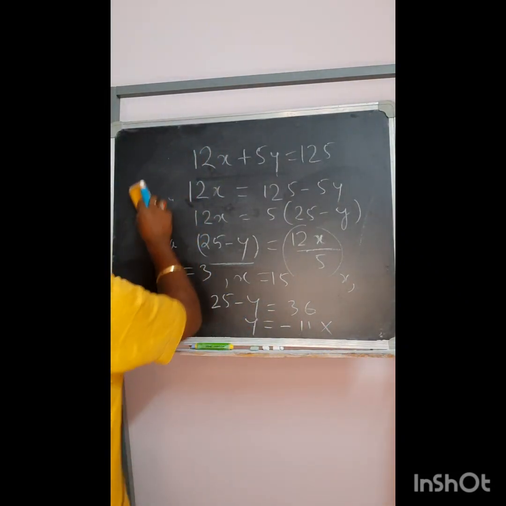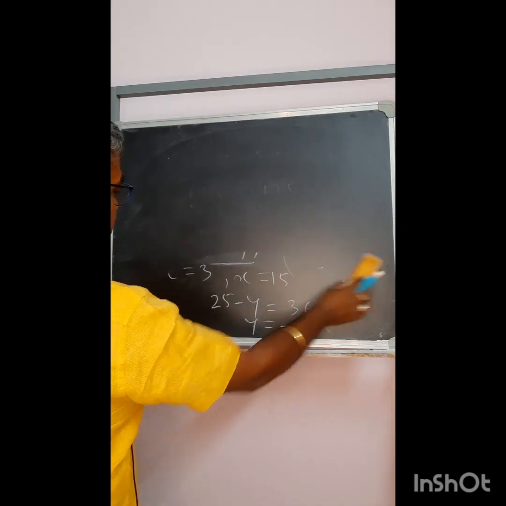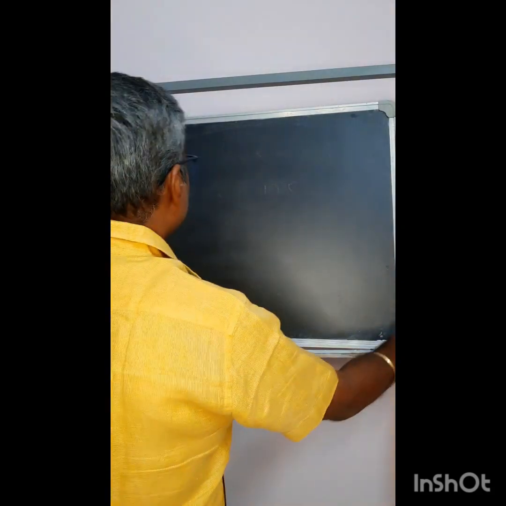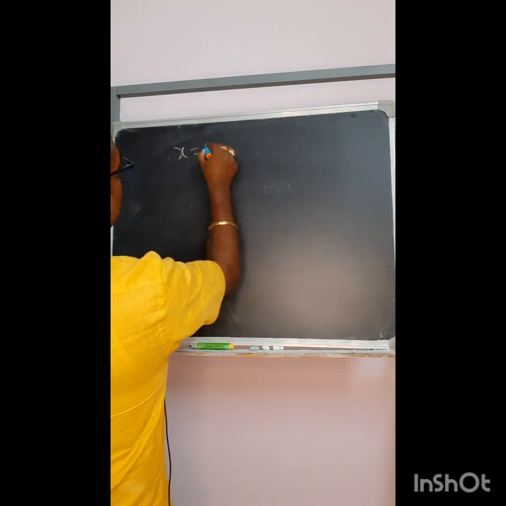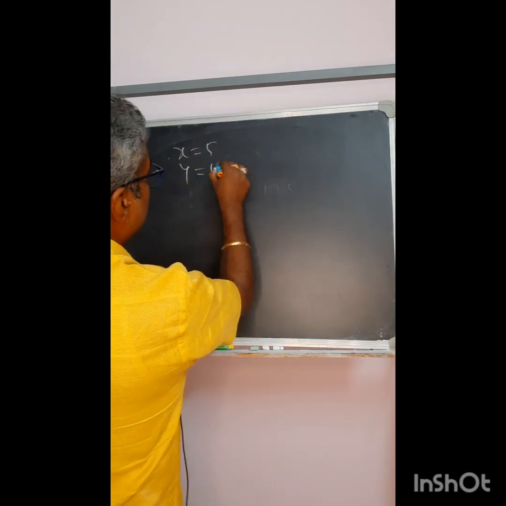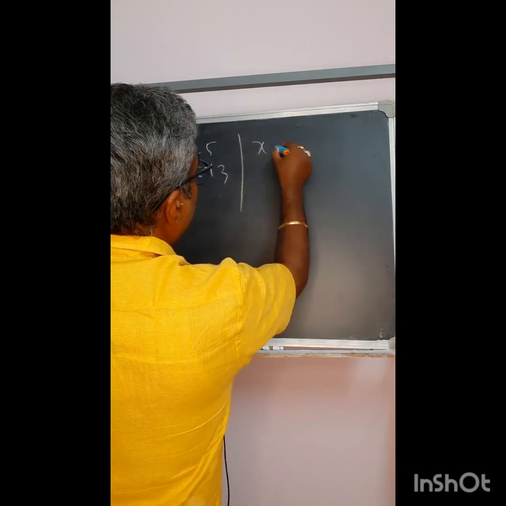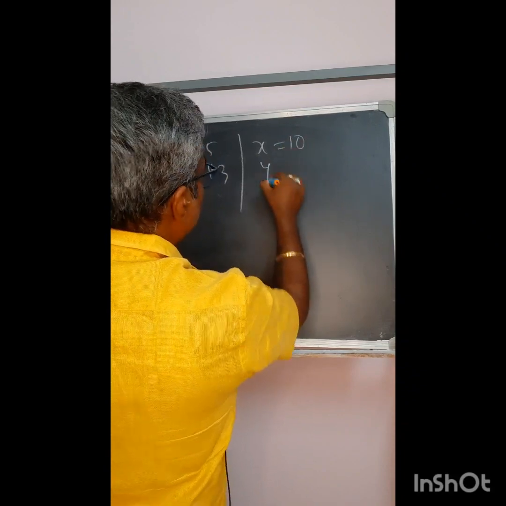So, the maximum set of solutions for which this equation is satisfied would be, the first one x is equal to 5, y is equal to 13, and the second set x is equal to 10 and y is equal to 1.